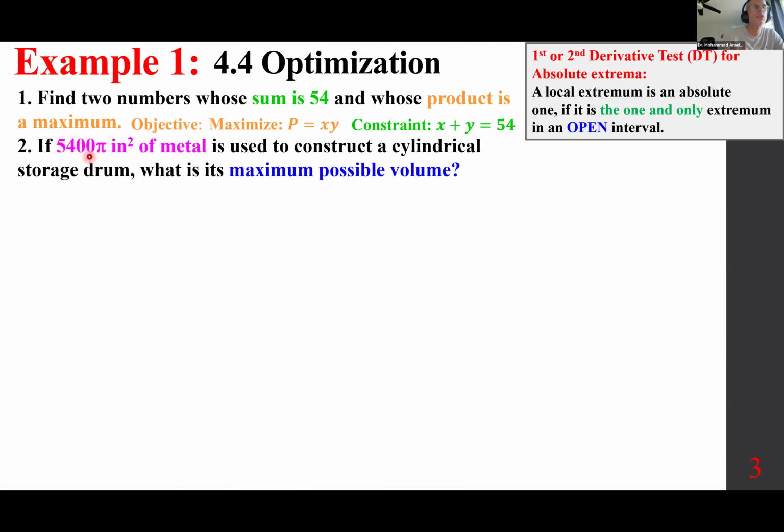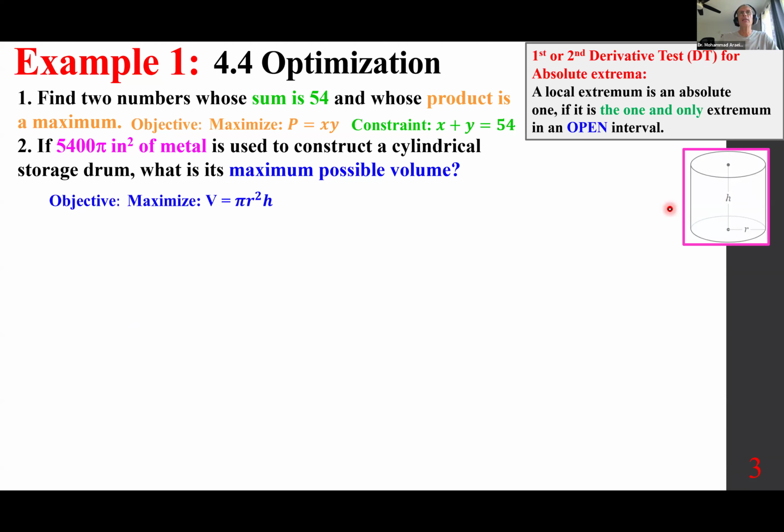If 5400π inch squared of metal is used to construct a cylindrical storage drum, what is its maximum possible volume? So first, you have to know the shape. You should know the volume is πr²h. And the amount of material you use is the concept of gift wrapping.